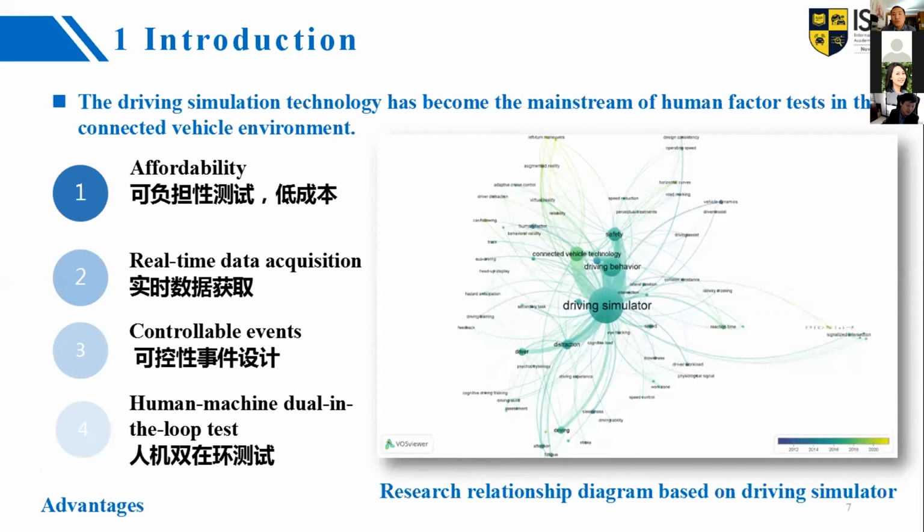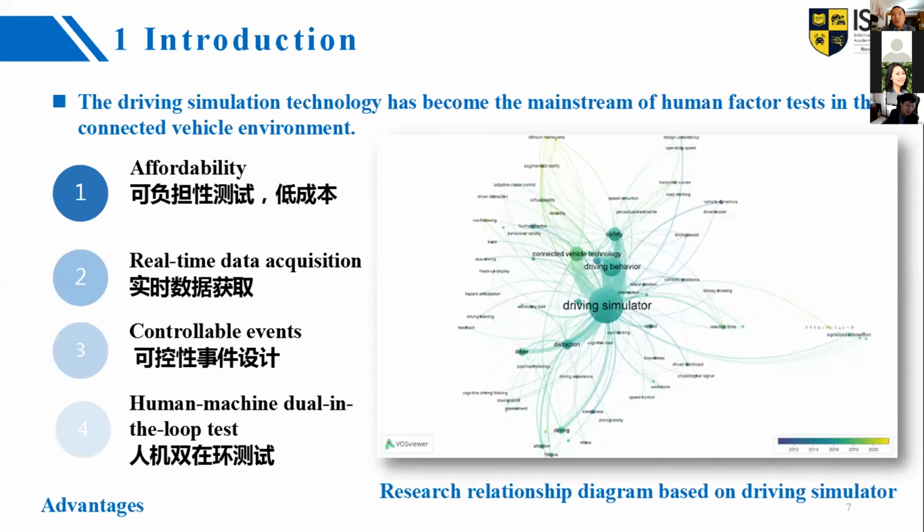At present, the influence mechanism of CV technology on driving behavior and safety in different scenarios is not yet clear, which impedes the design and improvement of CV technology at the macro level.